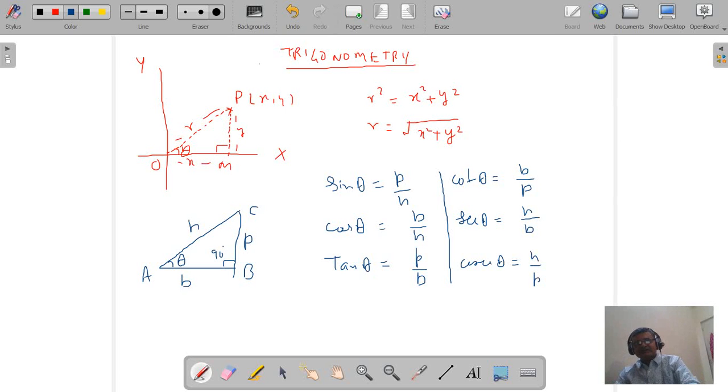So our first challenge is how to remember all these definitions of sine theta, cos theta, tan theta, cot theta, sec theta, cosec theta.